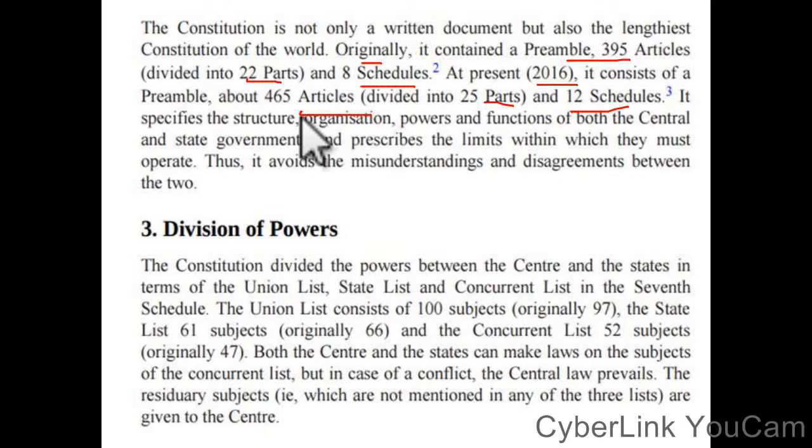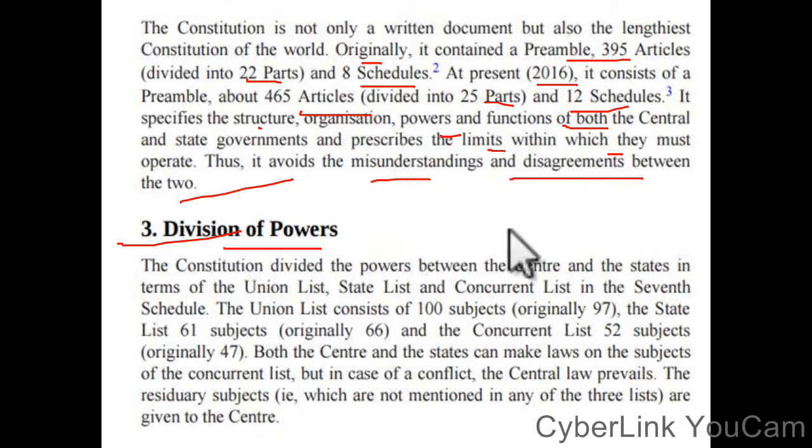It specifies the structure, organization, power, and function of both the central and the state governments, and prescribes the limits within which they must operate. Thus, it avoids misunderstanding and disagreement between the two.